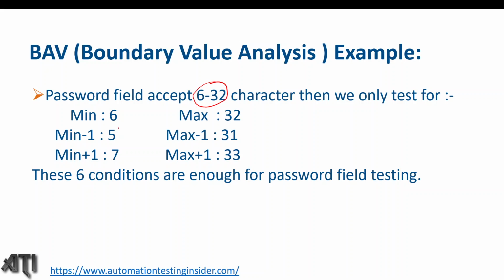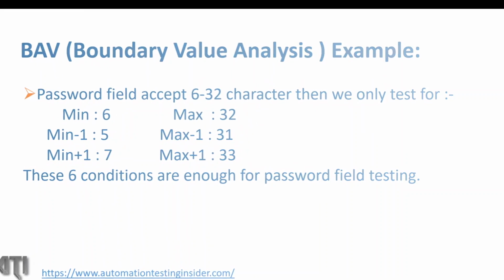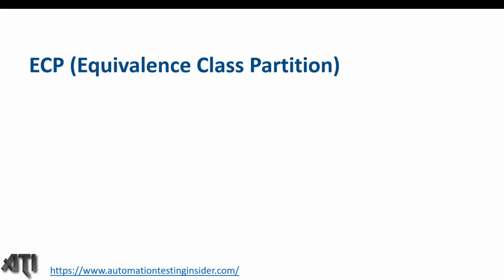Minimum minus 1 is invalid, and maximum plus 1 is invalid. It should accept all the values like 6 characters, 7, 32 and 31, correct? These 6 conditions are enough for password field testing. So we derived 6 test cases to validate this password field.